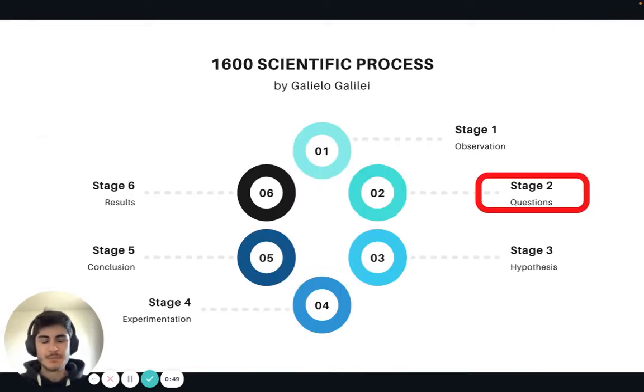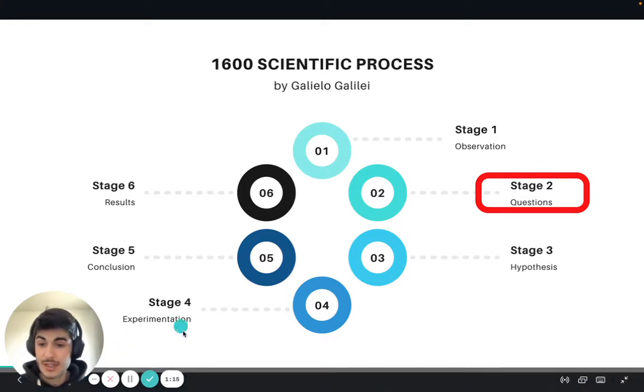Taking as a reference the scientific process from the 1600s by Galileo Galilei, in any scientific field we usually have six stages. We observe a phenomenon, then we ask questions about it, we deduce and extrapolate some hypotheses, and then we experiment to see if our hypotheses are right or wrong.